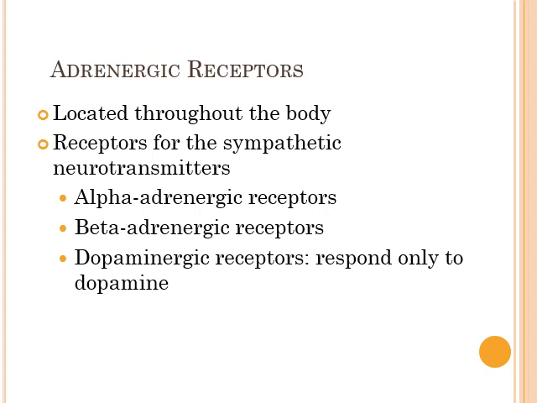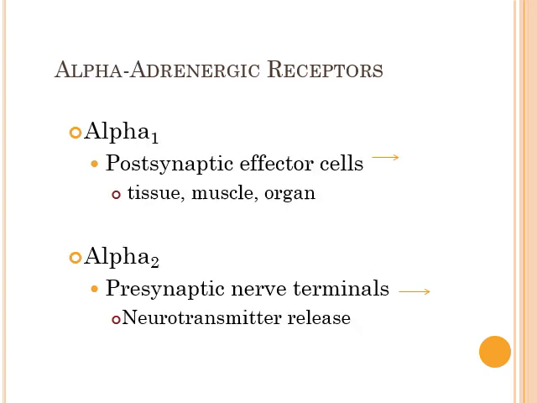Adrenergic receptors are located throughout the body. Receptors for the sympathetic neurotransmitters are alpha-adrenergic receptors, beta-adrenergic receptors, and dopamine receptors. Dopamine receptors respond only to dopamine. Alpha-adrenergic receptors, so you have alpha-1s and alpha-2s.